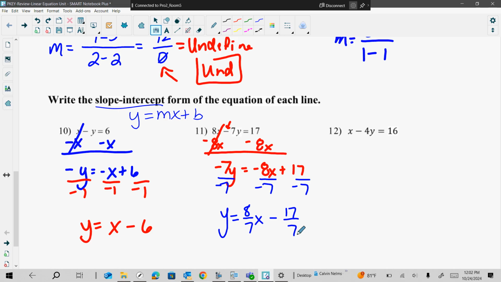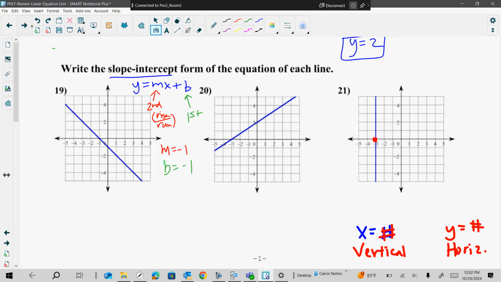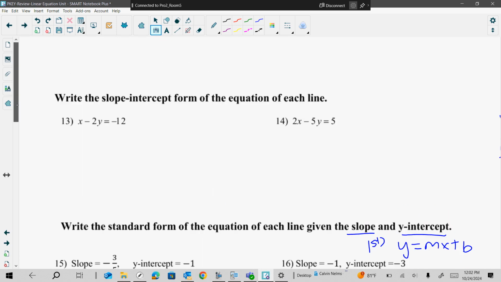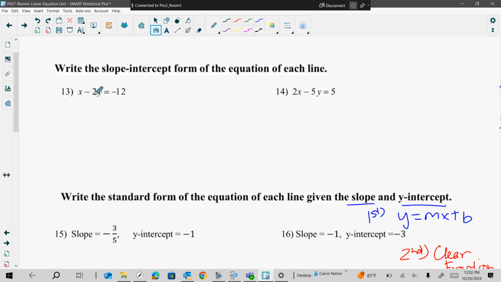So each type of question in each section is going to be a question on the test. If you look at our next section here, again, we're solving for y. So minus the x first.